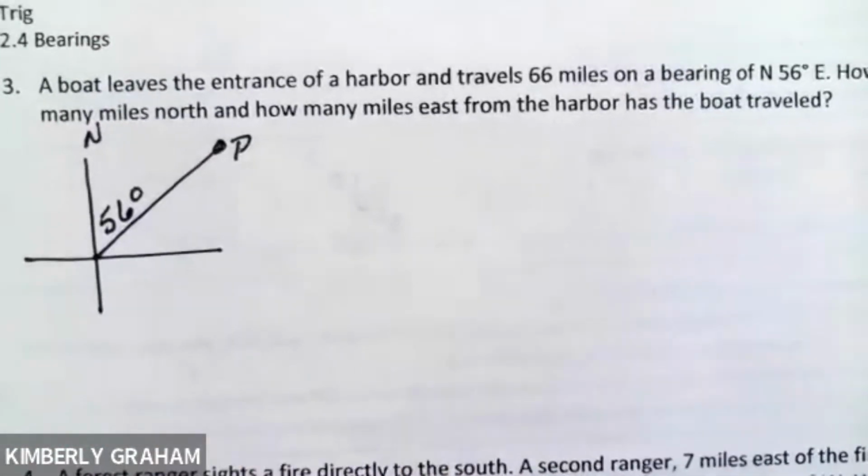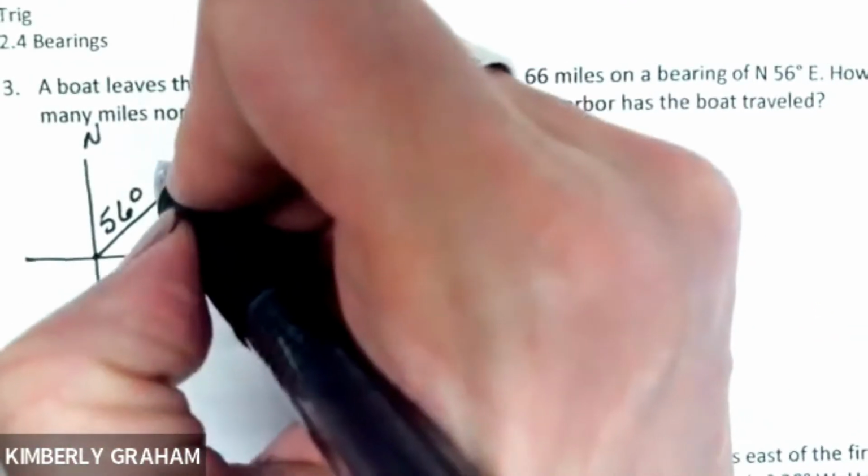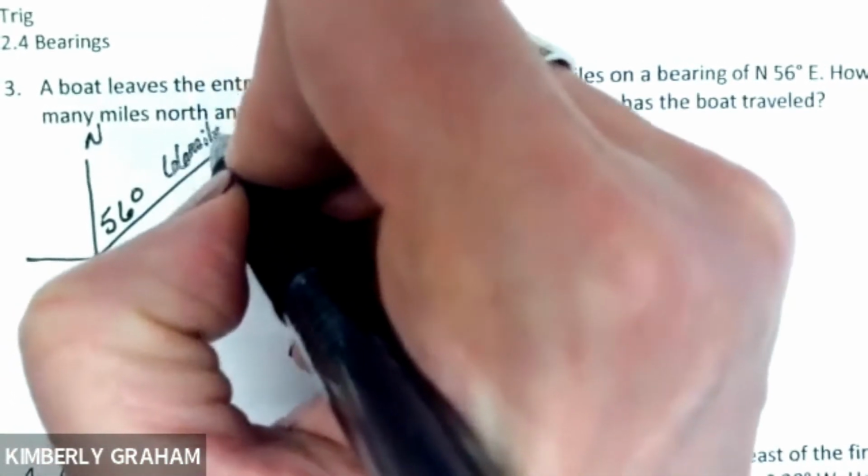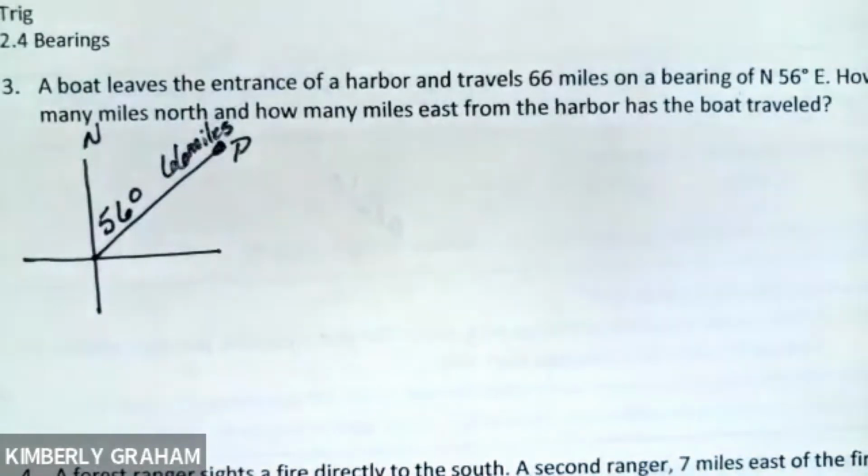Oh, and I also know that the length of this side here is 66 miles. So I've gone 66 miles. I want to know how far east and how far north have I gone?